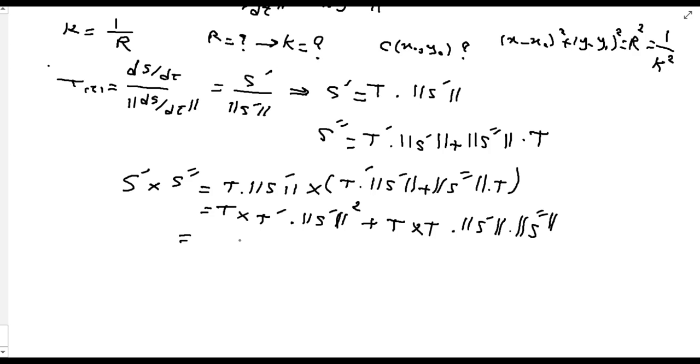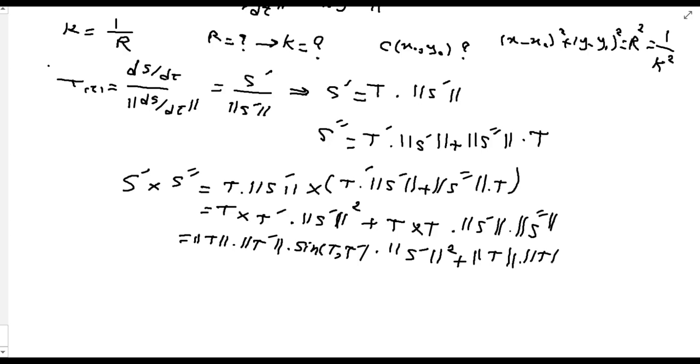It will be equal to the norm of T times the norm of T prime times the sine of the angle between T and T prime, multiplied by the norm of r' squared, plus the norm of T times the norm of T times the sine of the angle between T and T, multiplied by the norm of r' and the norm of r''.